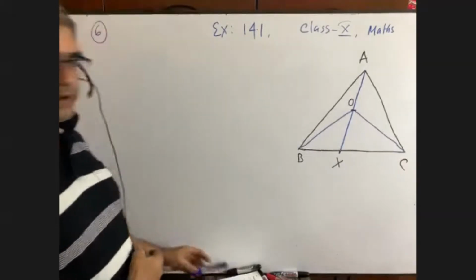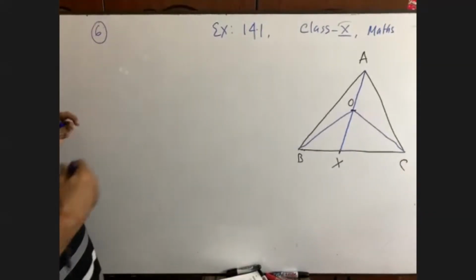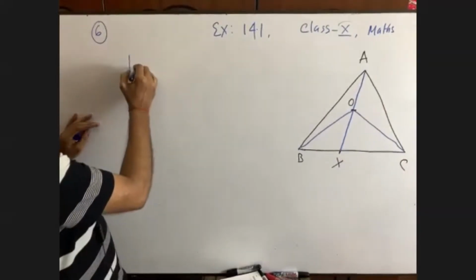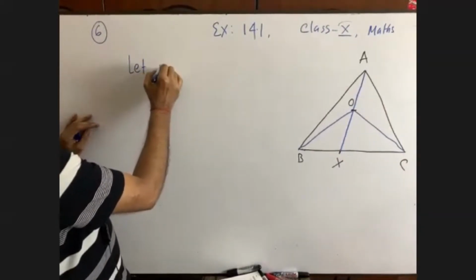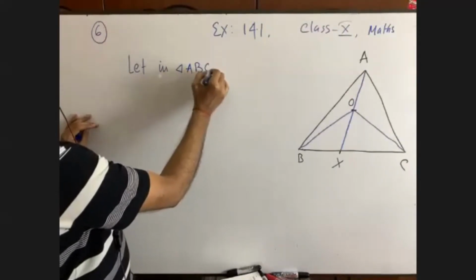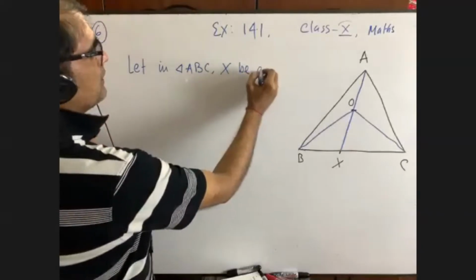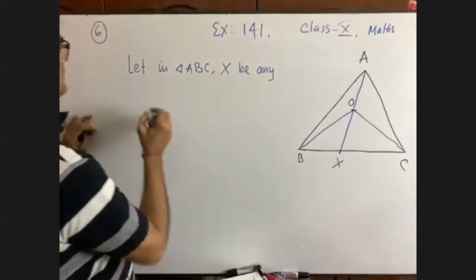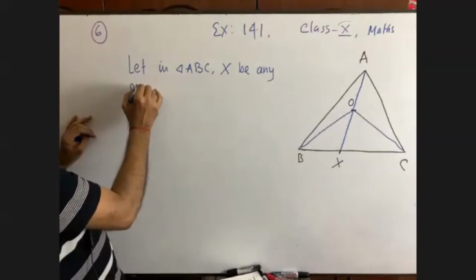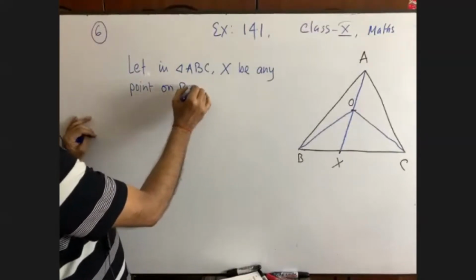So what will be our writing? You see, write down: let in triangle ABC, X be any point on BC.